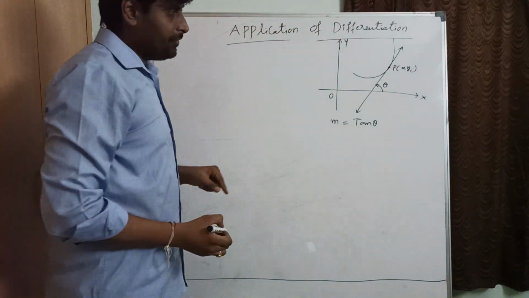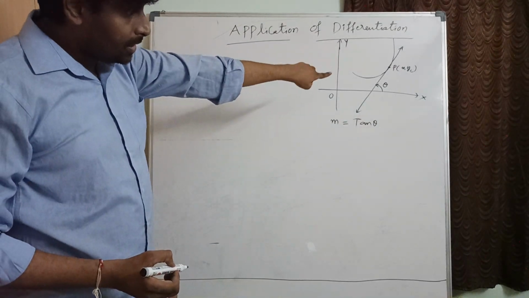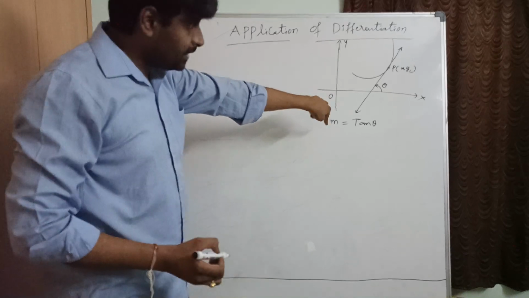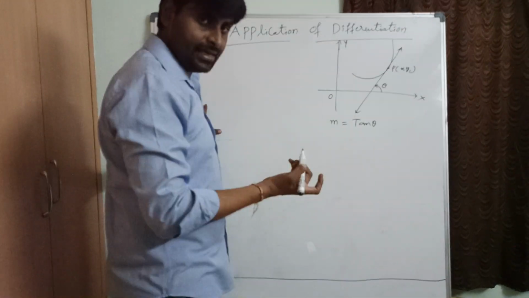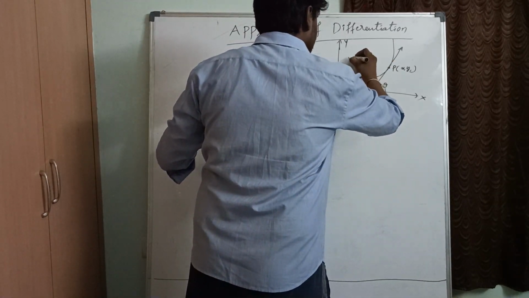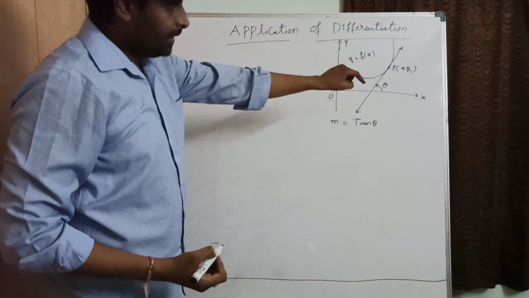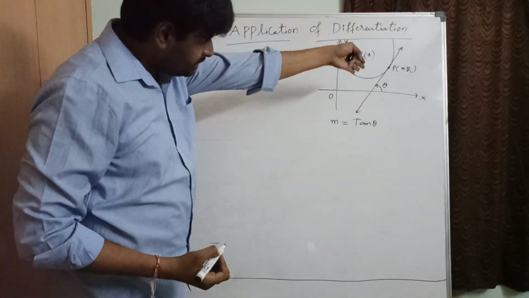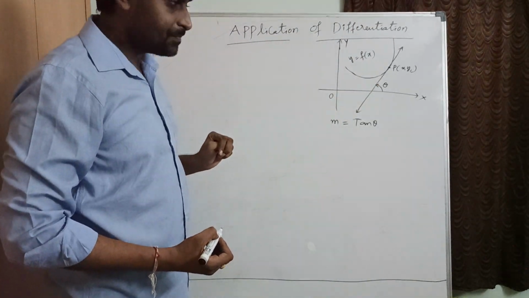So P of x1 comma y1 is a point on the curve. That point satisfies the tangent line and the curve also. Generally we'll take any curve in the form of y equals f of x. Now at one point P, a tangent is drawn. It is making angle theta with respect to the x-axis, correct?